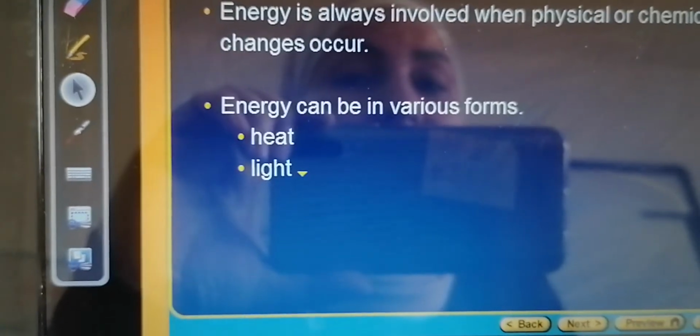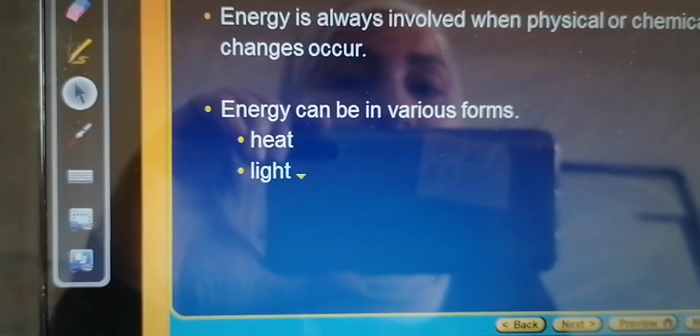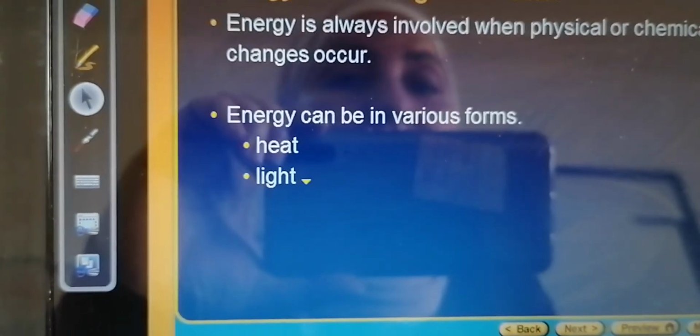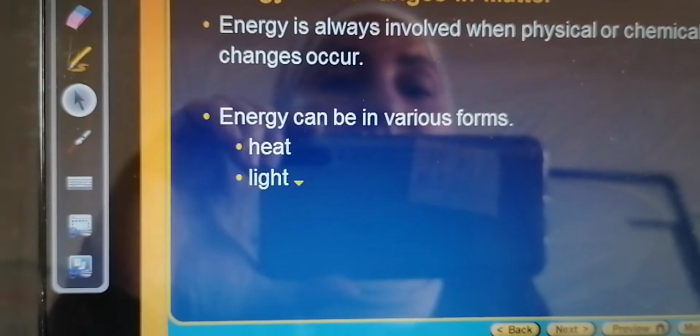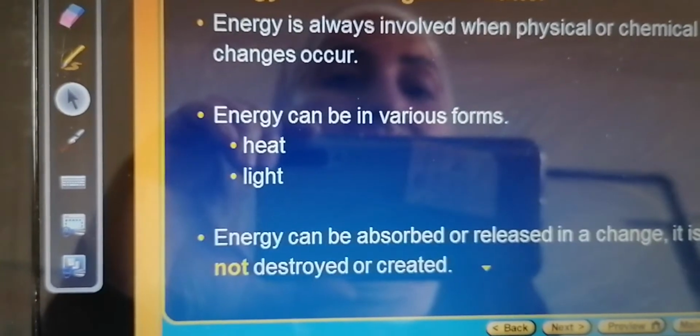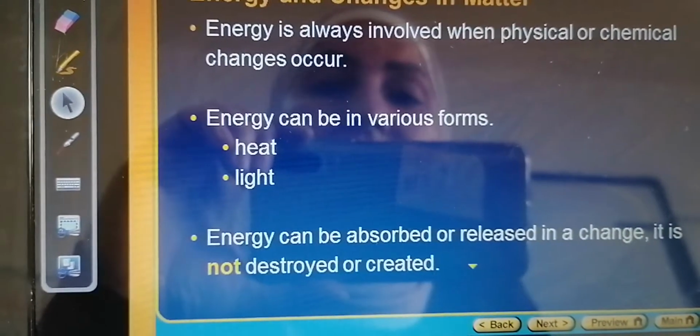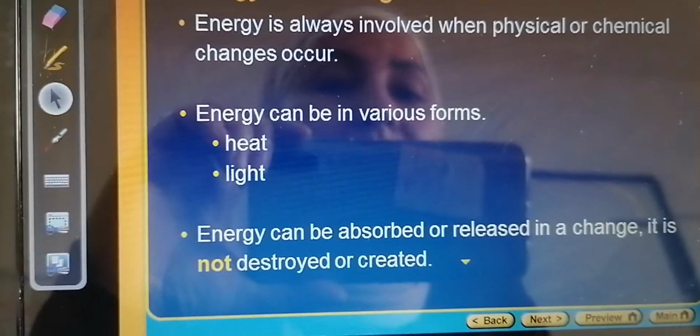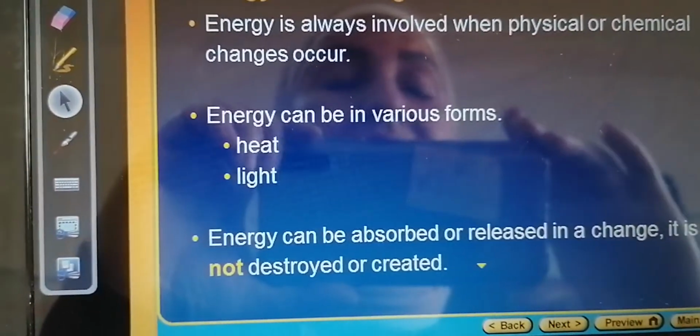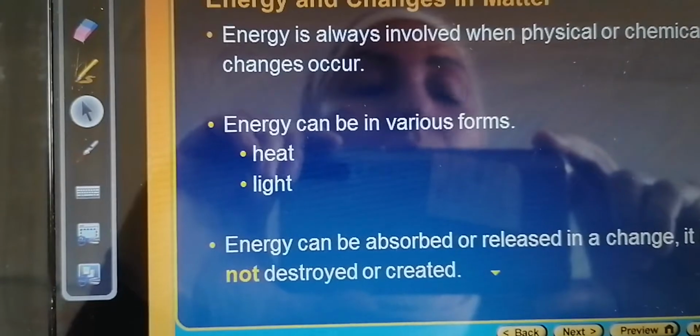Or light, as spark. Remember, if you go back to the previous slide, you can see the spark. Energy can be absorbed or released in a change. Guys, energy can be absorbed or released in any change, physical or chemical.